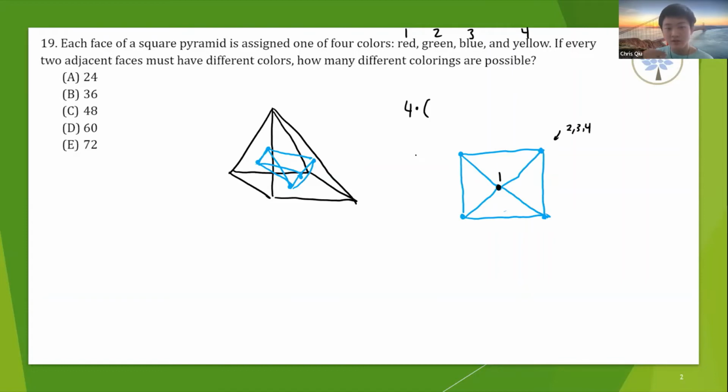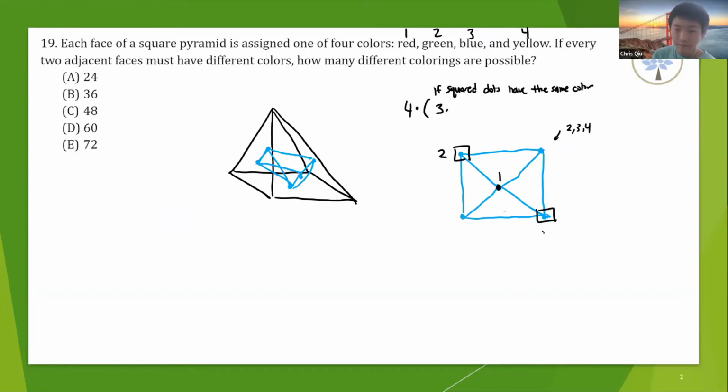And so we're going to separate this enumeration into 2 cases. The first case is if these 2 dots have the same color. If these 2 dots have the same color, there are 3 ways to choose this color, either 2, 3, or 4.